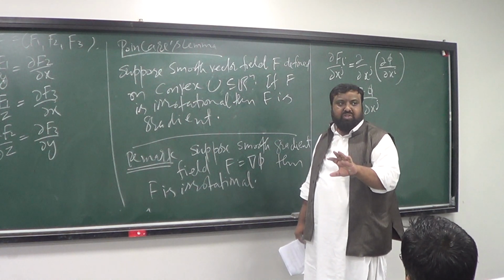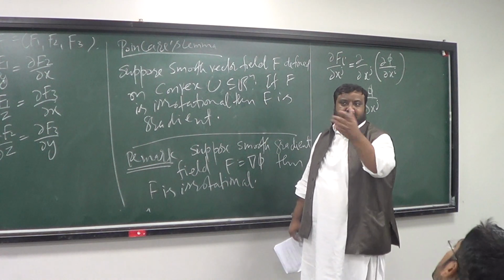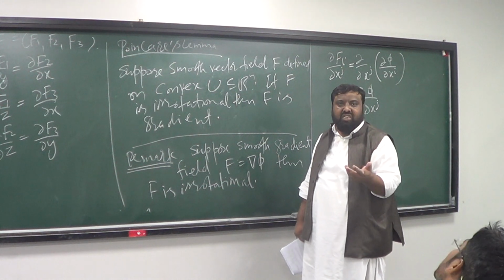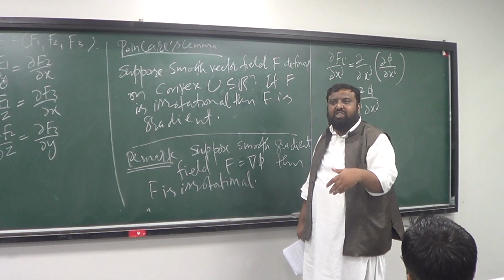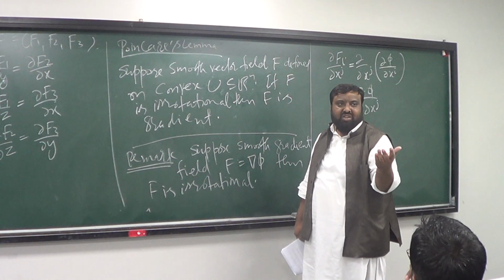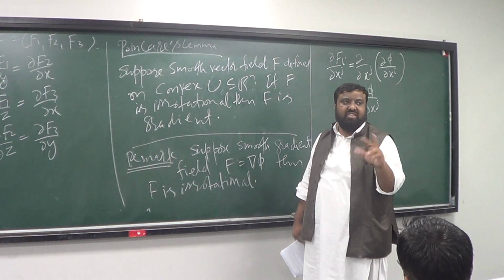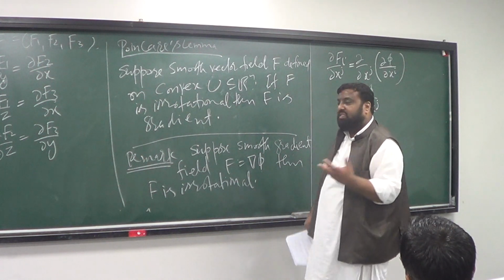So if you have a smooth function, say x square plus y square, you can differentiate it, and it doesn't make a difference whether you differentiate with respect to x first and then y, or with respect to y first and then x. It doesn't make any difference. Then the switching of the partial order is the same.